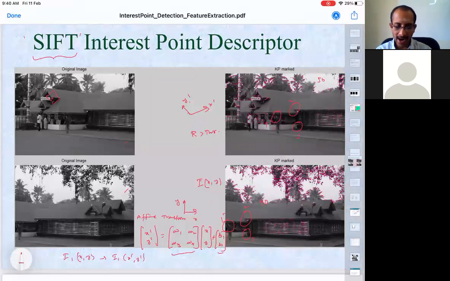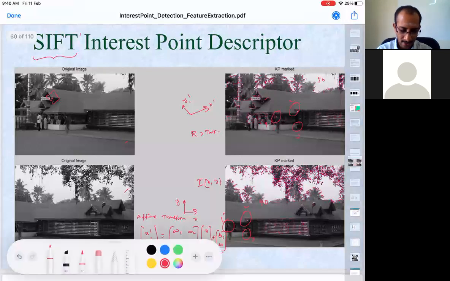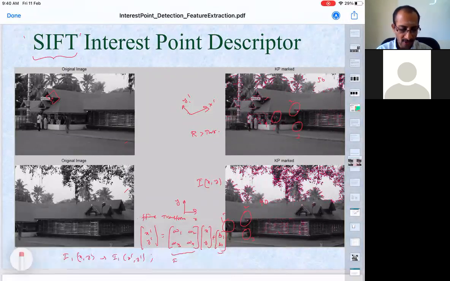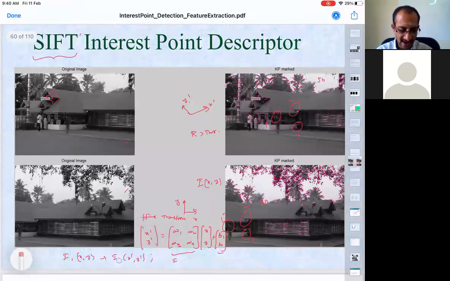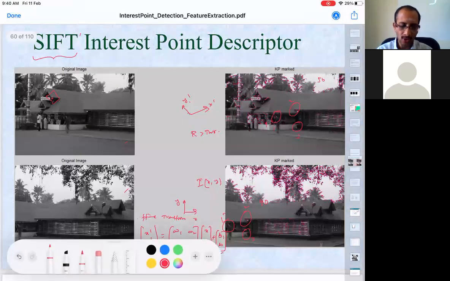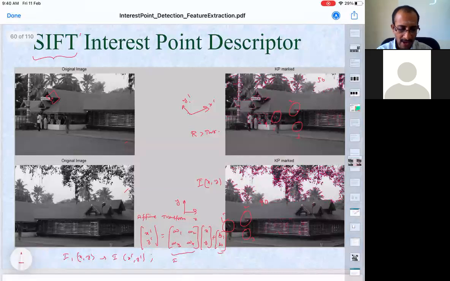I1 is matched with I1 dash at x dash comma y dash, and I1 is matched with I2 at x dash comma y dash. I1 is the first image, I2 is the second image.